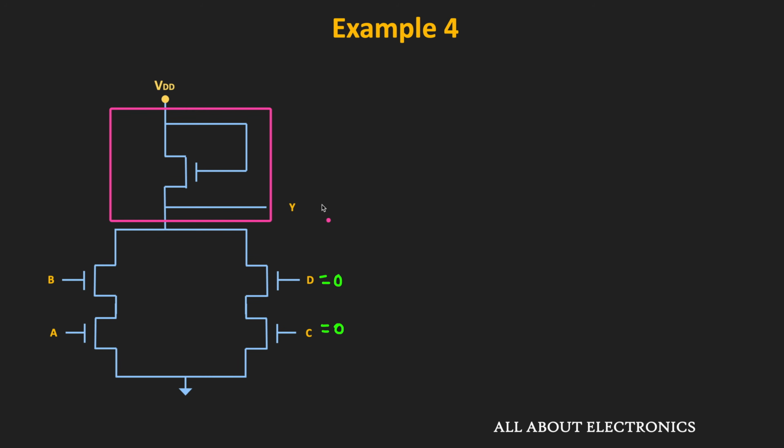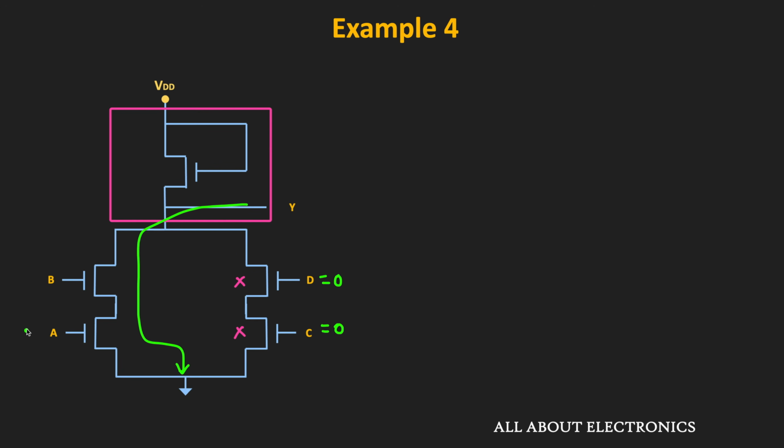So to get the output Y equal to 0, we need a path through which this output node will get connected to the ground. Now for an NMOS transistor, as you know, when the input is equal to 0, it will act as an open circuit. Since both C and D inputs are 0, these two transistors will remain in the off condition. That means to get a path from output to the ground node, both transistors A and B should be in the on condition.